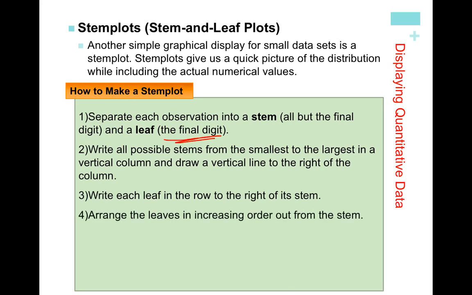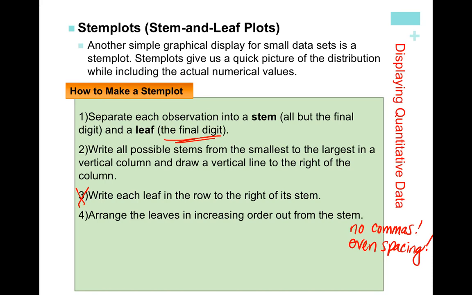So your book does separate steps 3 and 4. I would say if you put all your data in order to begin with, you can kind of eliminate this third step and just put those leaves then in order to the right of the stem. One thing that you don't need here is commas to separate those leaves, but you do want to watch for even spacing, for the same reason that we use even spacing in a dot plot.